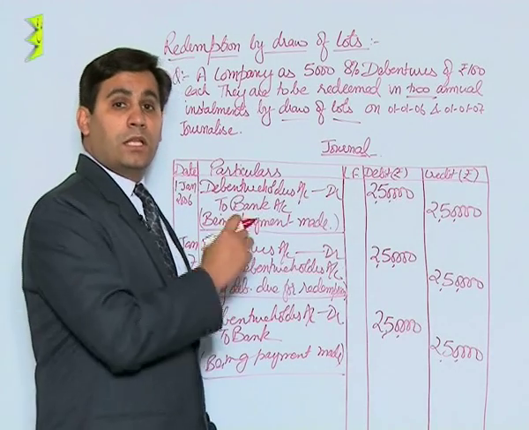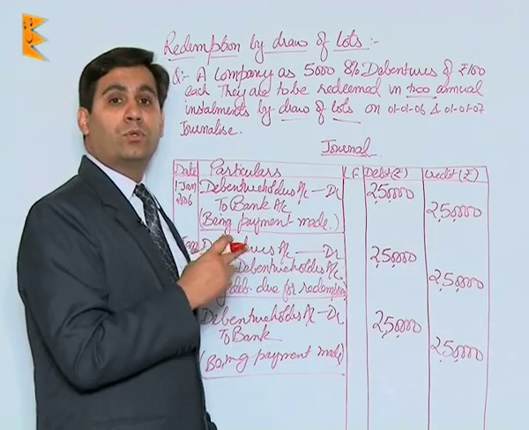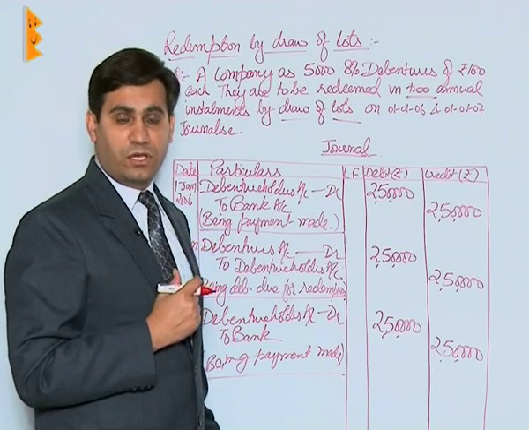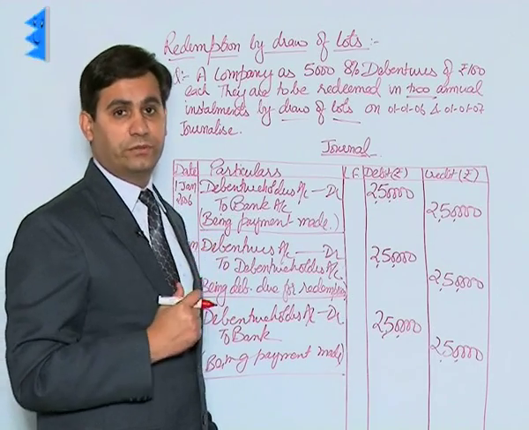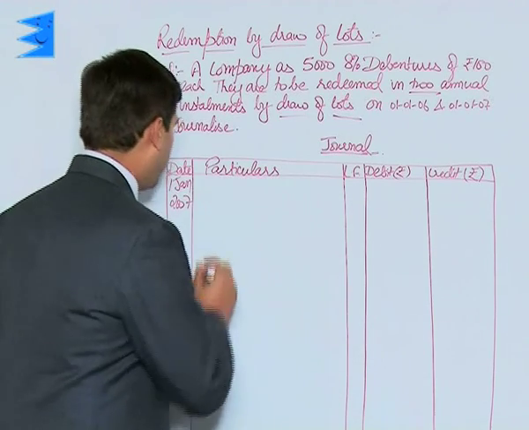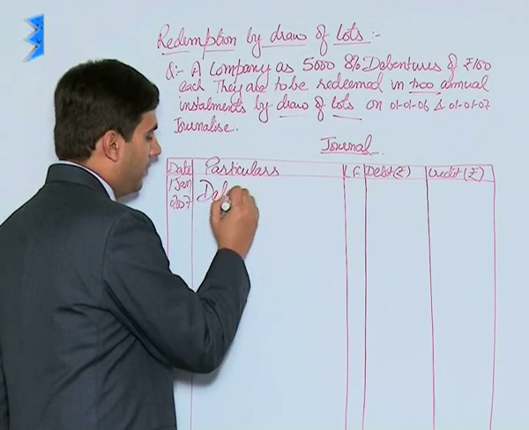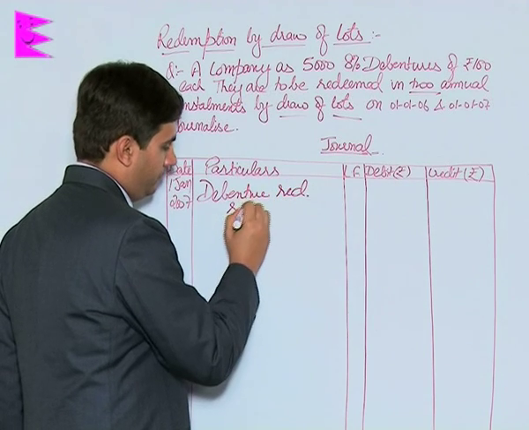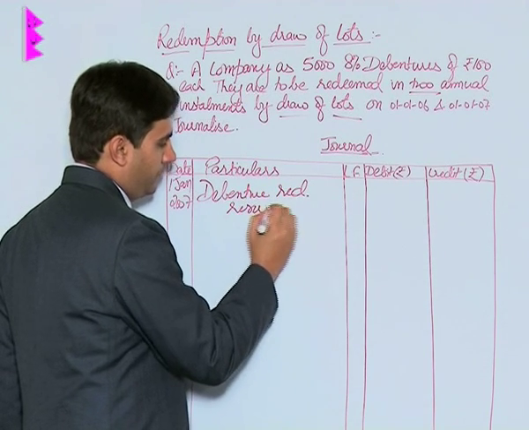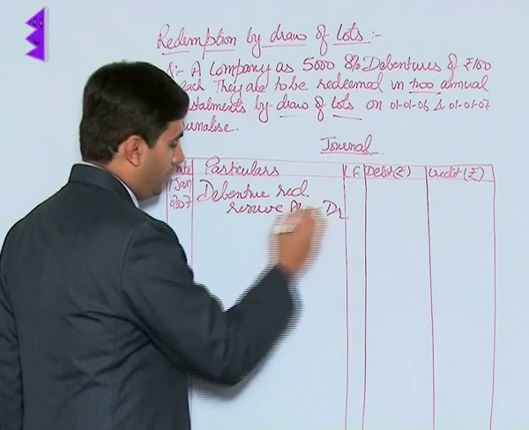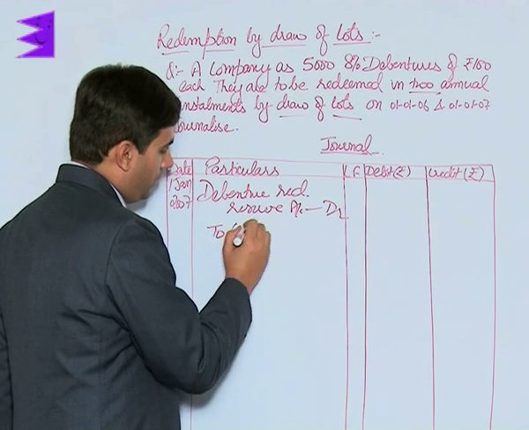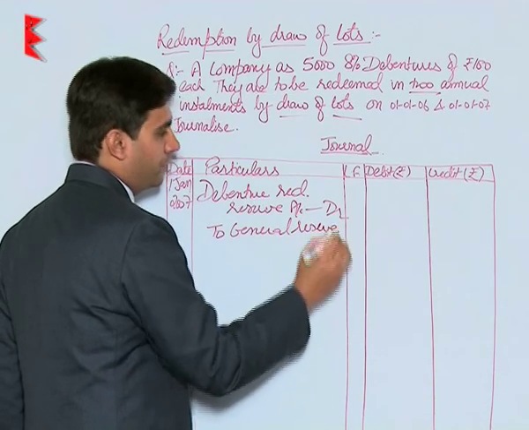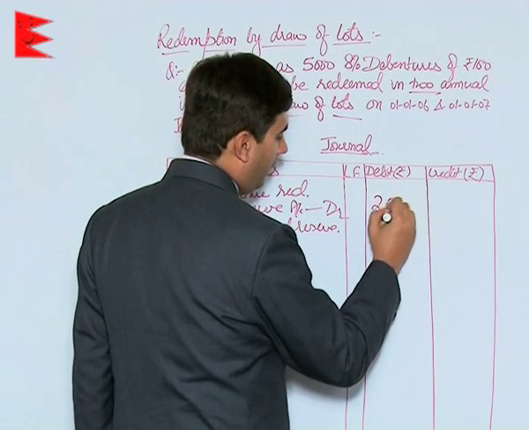That means now the last entry would be to transfer the amount that is there in debenture redemption reserve to general reserve. Now this entry should now appear as debenture redemption reserve debited to general reserve, and the amount was 2,50,000.